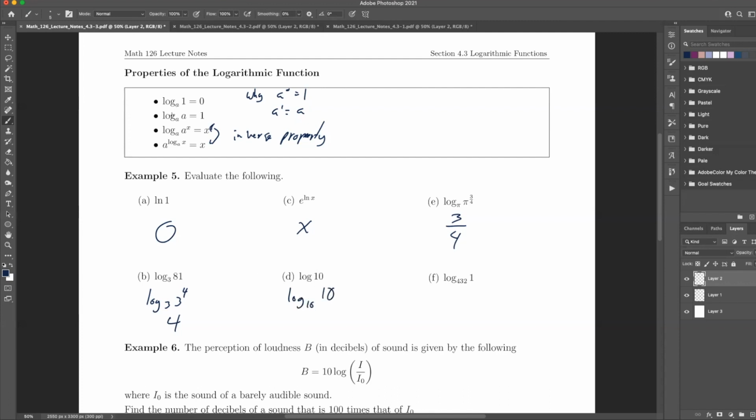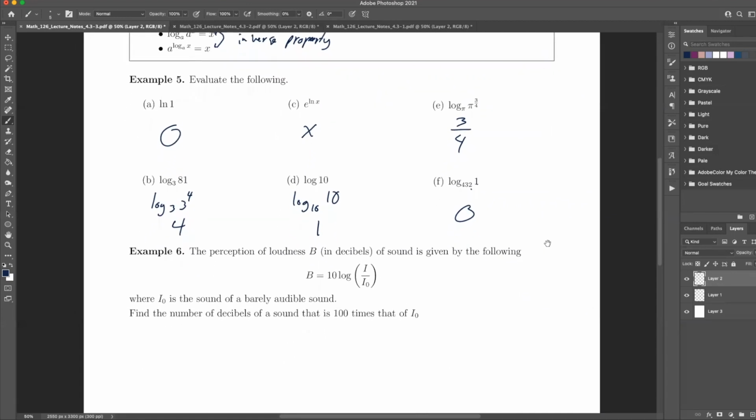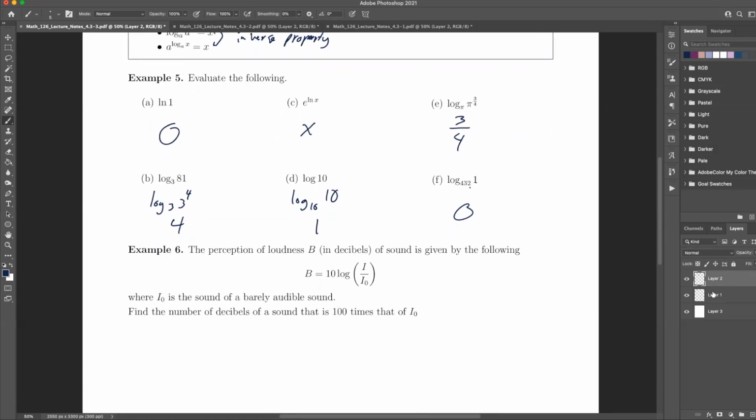This is equal to 1. And here I have log base 4 of 1, well, it doesn't matter, the log of 1 in any base is 0. Okay, so that's just something to use to evaluate these. If it's not any of these, we'll type it in the calculator. I'll show you how to do that for a normal calculator in the next section, but I've already shown you how to do it for Wolfram Alpha.